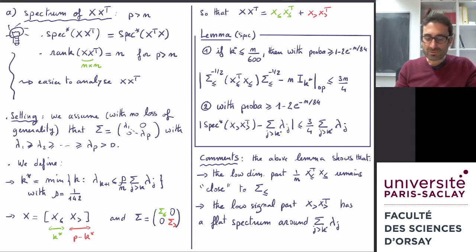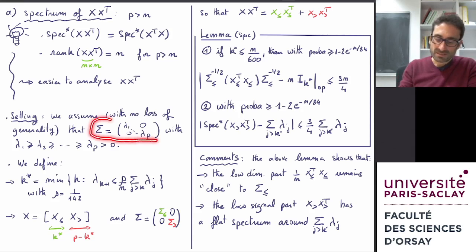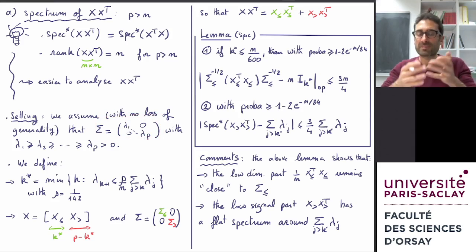Let us look at this matrix. I need to introduce some notation for the following. I will assume that Sigma is diagonal. Assuming that Sigma is diagonal is not really an assumption. Why? Because you can diagonalize Sigma in some orthonormal basis, and since gradient descent is invariant by change of orthogonal basis, you can always assume that you are in the coordinates of this orthogonal basis.